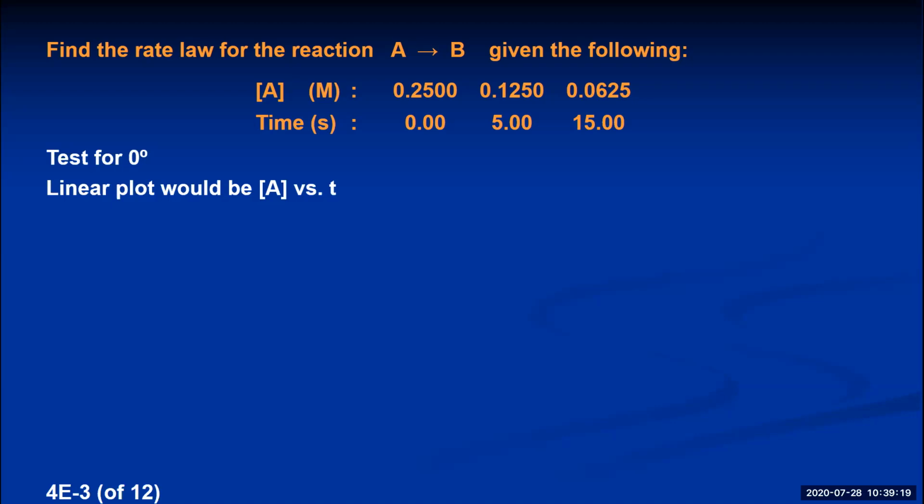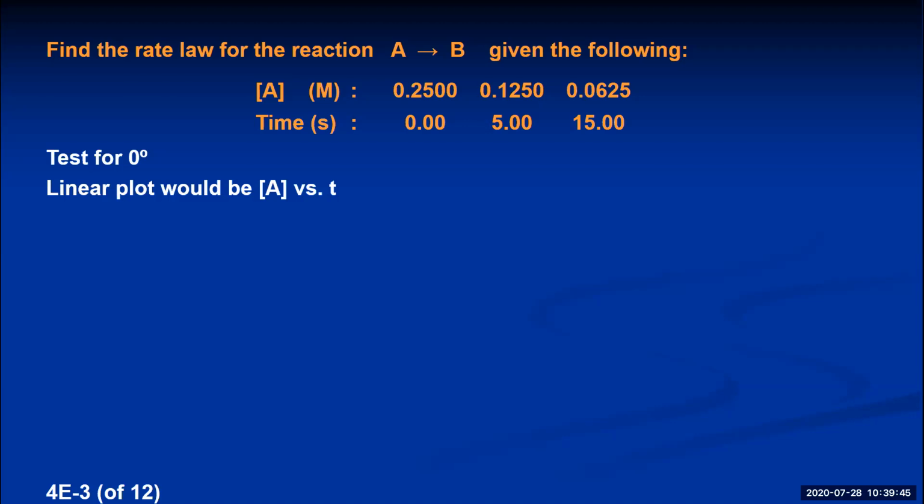So we have to test these three data points, the given molarities with times, and see if they lie in a straight line. Now, if you have Excel, you can plug the three coordinate pairs in there, the molarity of 0.2500 at time 0, the molarity of 0.1250 at time 5, and the molarity of 0.0625 at time 15, and see if the 3 points wind up making a perfect line.